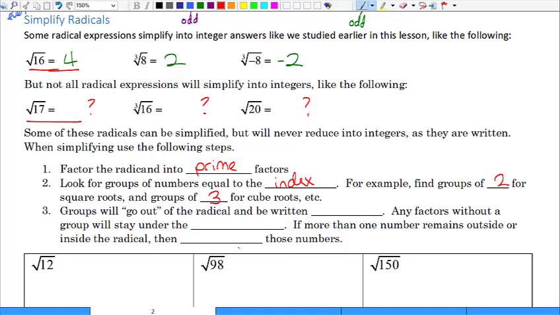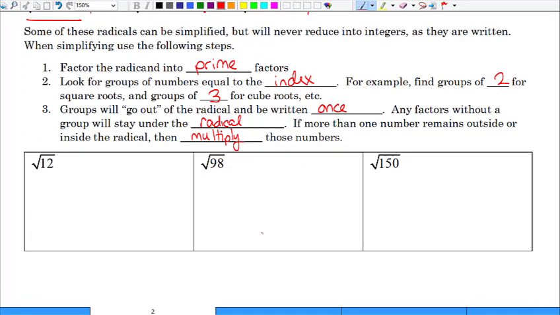So the groups will go out of the radical and be written once, and then any factors without a group will stay underneath the radical symbol. Now, if more than one number remains outside or inside, then you need to multiply those numbers. Now, I know that sounds a little confusing. We'll explain that a little bit more as we do some examples.